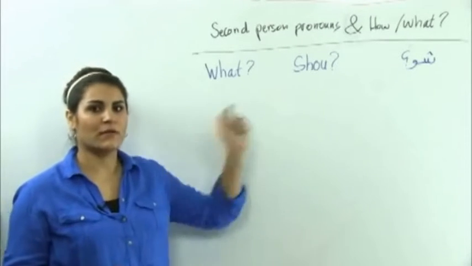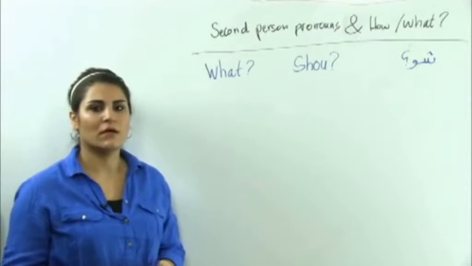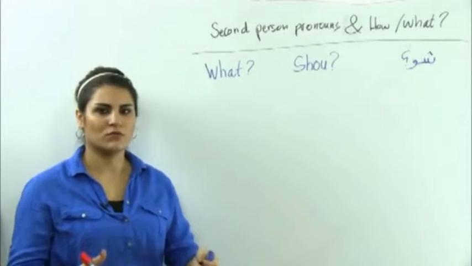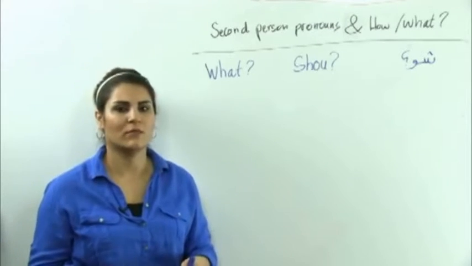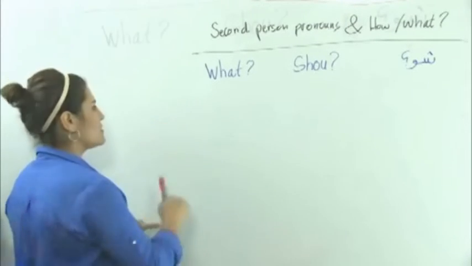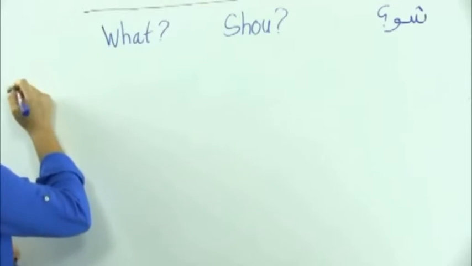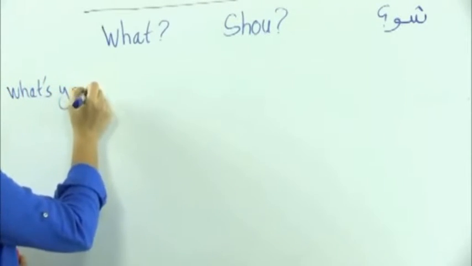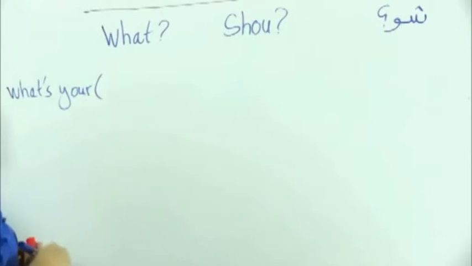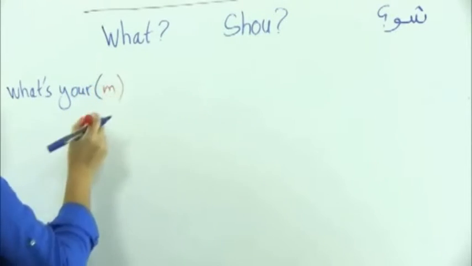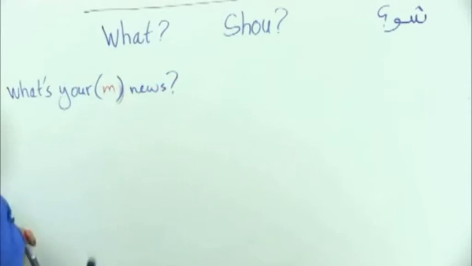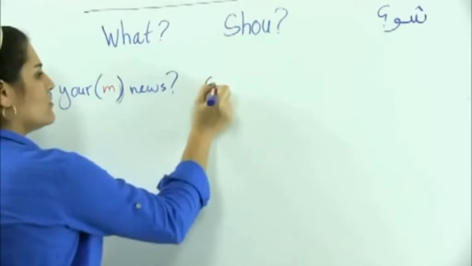What in Arabic is شو, and learn how to use شو in questions, talking to people and asking about their life. Okay, so the first question is what's your news? I'm talking to a man. So if I'm saying to a man, what's your news? We start with the question شو.